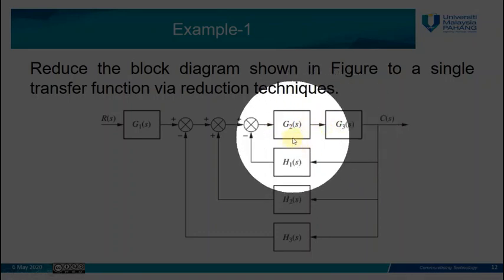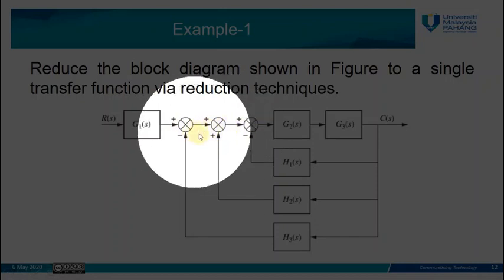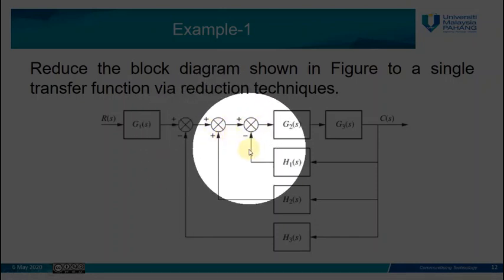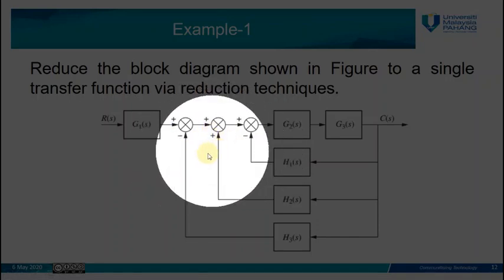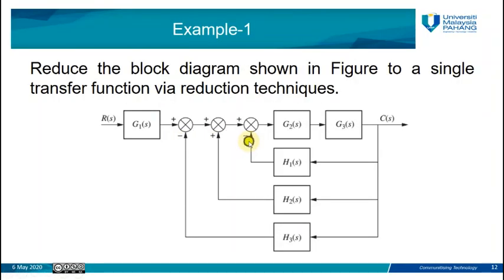The next thing is that we have three summing junctions connected in series here. So I can combine these three summing junctions into a single summing junction with four inputs and a single output. We have this first input, this is the second input, this is the third input, and this is the original input.